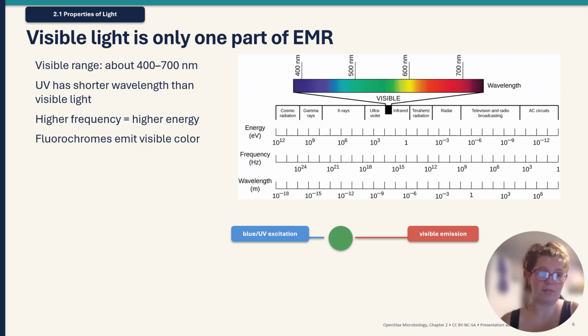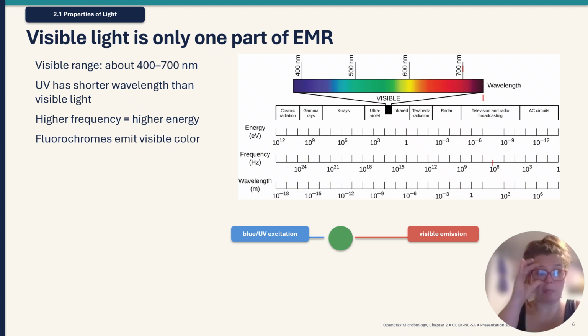Now, while the red light has the longest wavelength, right here, you see it has the 700. It has the lowest frequency. Right here, it has a 10.6.